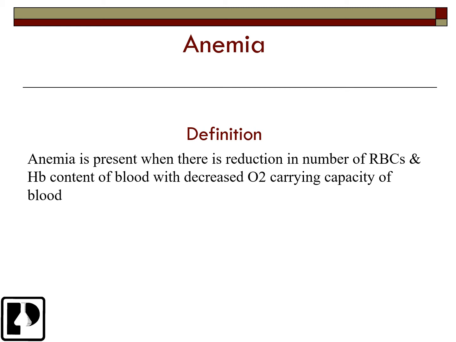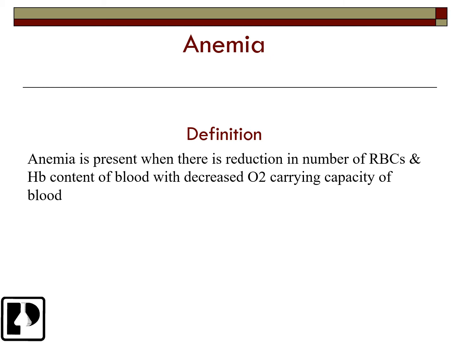Definition of anemia. All of you know that anemia is one of the most common diseases we are facing in internal medicine. What is the definition of anemia? Anemia is present when there is a reduction in the number of RBCs, red blood corpuscles or red blood cells.